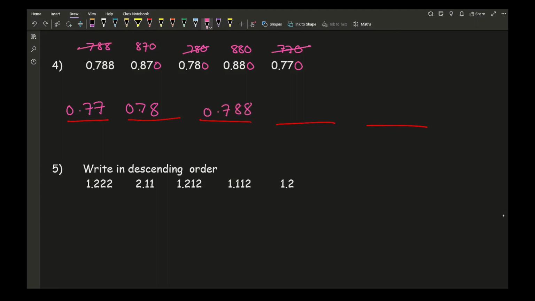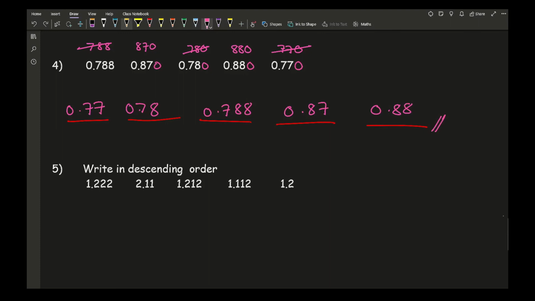And again, notice how I'm crossing the pretend numbers, the modified numbers I've got, because it might be a question where I need to reread these numbers. If I've completely obliterated them by scribbling them out, it's going to be very difficult to reread, particularly in questions involving the median, where you've got to order the numbers from smallest to biggest, or work out the mode or the mean after. But again, that's another topic. So out of the two numbers remaining, it's going to be 0.87 and 0.88, and there is my final answer.